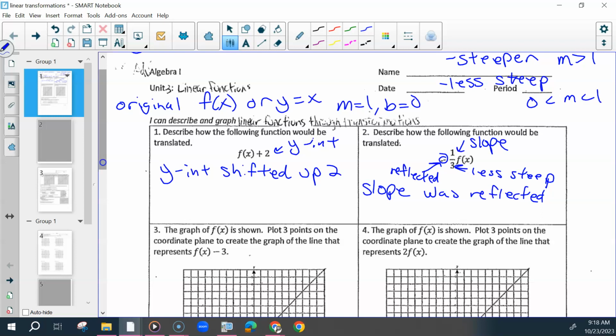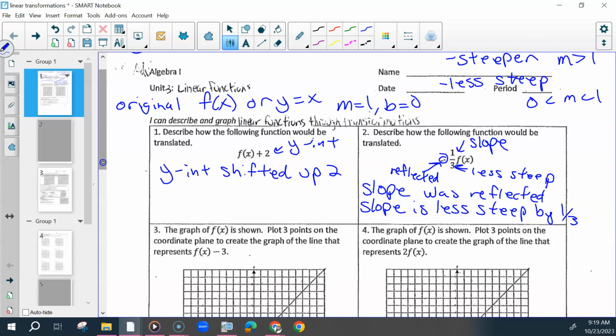And the slope is less steep by 1/3, by a factor of 1/3, either or. So anytime a negative and a fraction or a negative and a number, that is 2 different transformations.